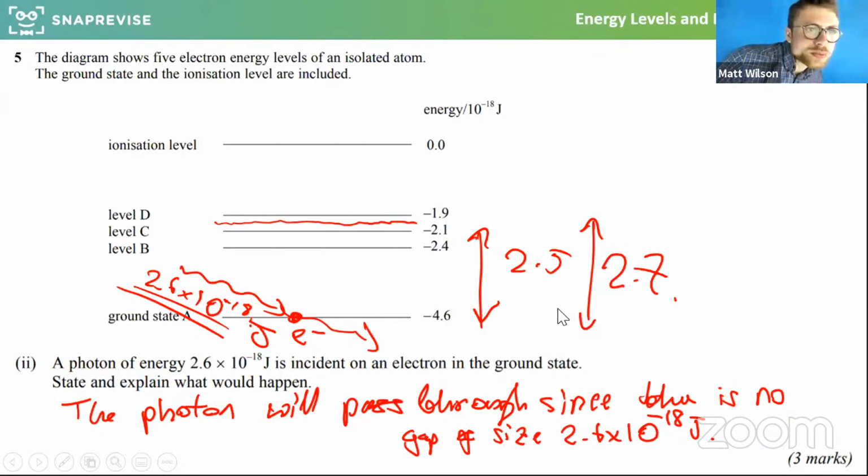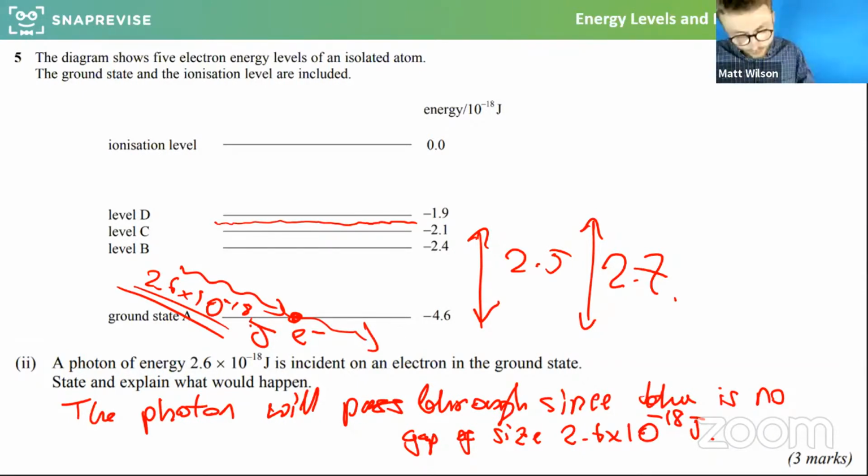Photon's energy is not absorbed. Perfect. Nothing. Stay in the ground state. Yeah, perfect. Really nice answers. It wouldn't move at all. Great. Really nice stuff. Well done.